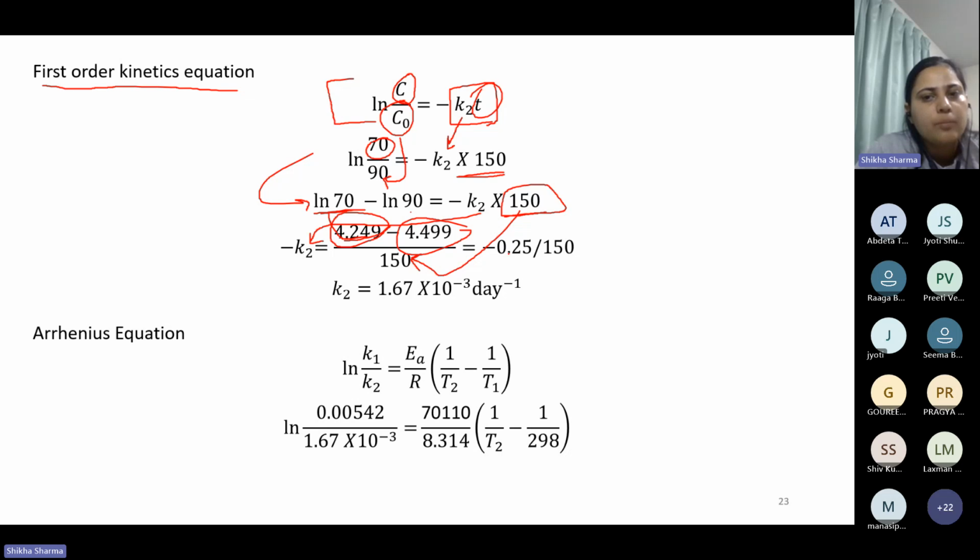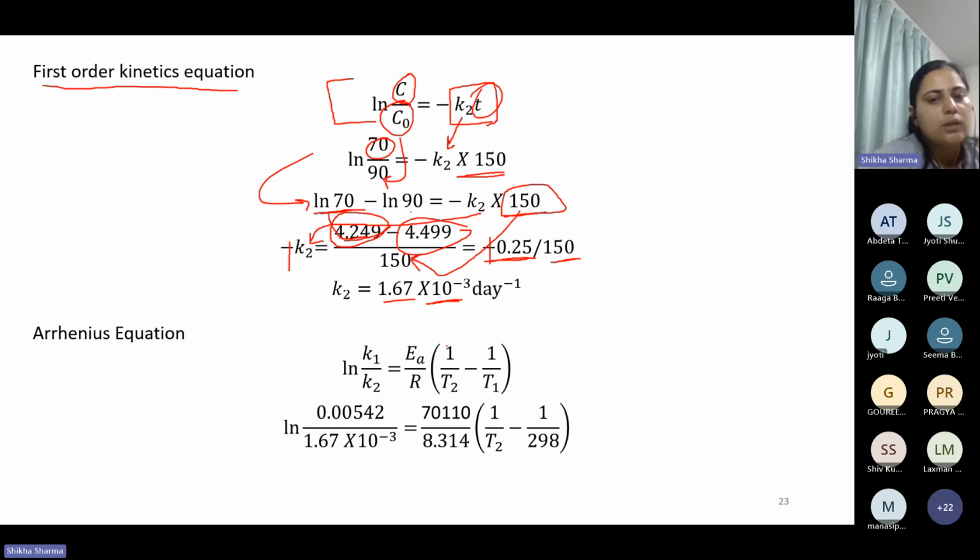So 4.249 minus 4.499 is minus 0.25, divided by 150, which is 1.67 into 10 to the power minus 3 per day, and the minus cancels out with the minus K2. So K2 will be 1.67 into 10 to the power minus 3 per day.